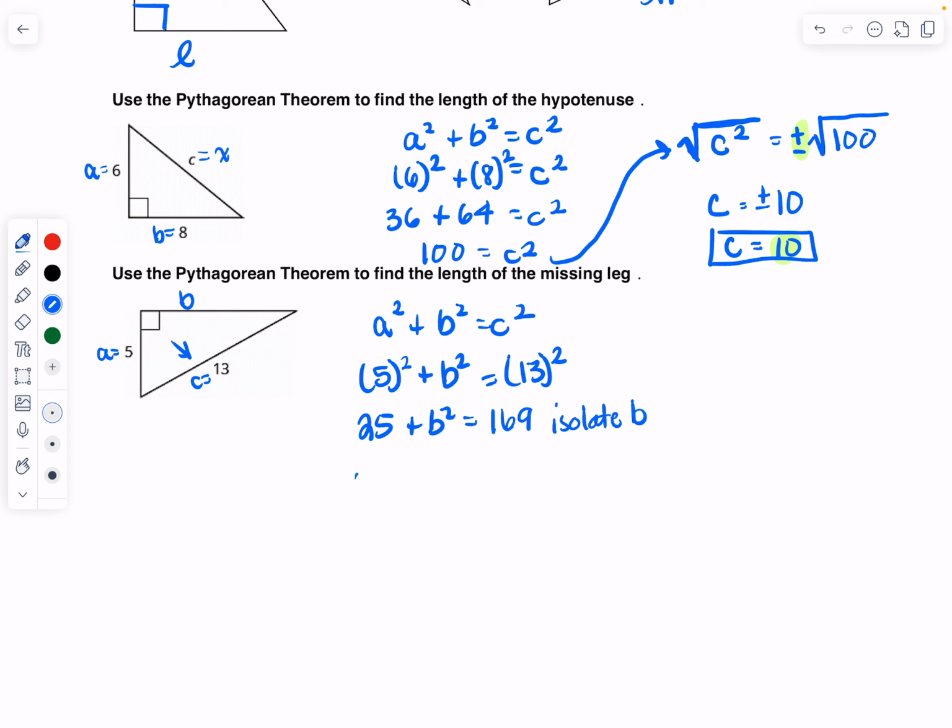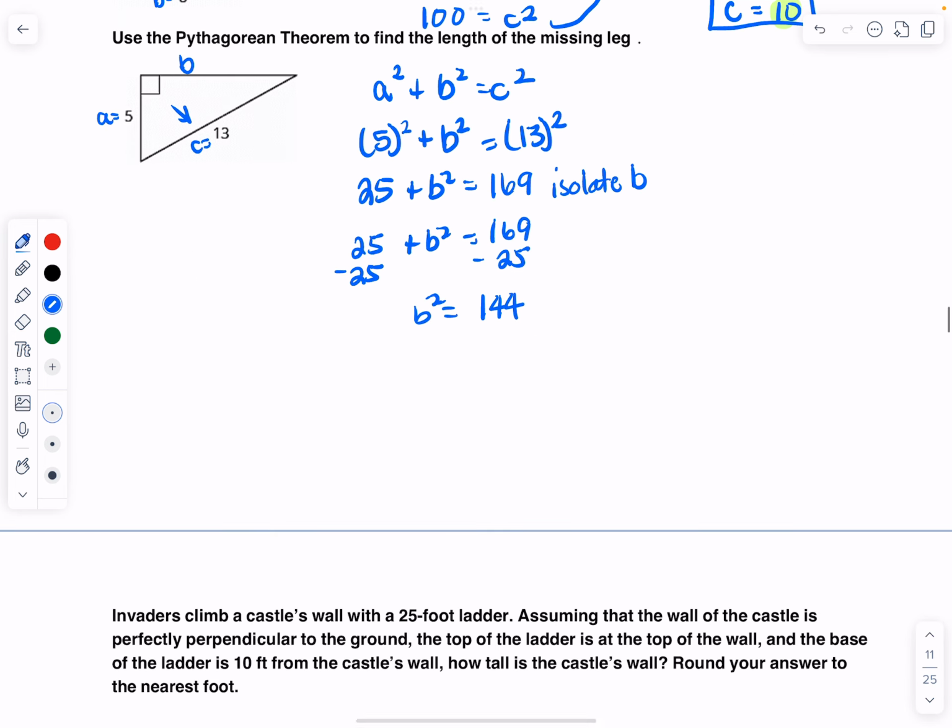Okay, so I need to isolate b. In order to do that, I'm going to subtract off the 25 and move it to the other side. And when I do that, I get 144. So b squared equals 144. Now, again, to get rid of something squared, I have to do the opposite operation, which is to take the square root.